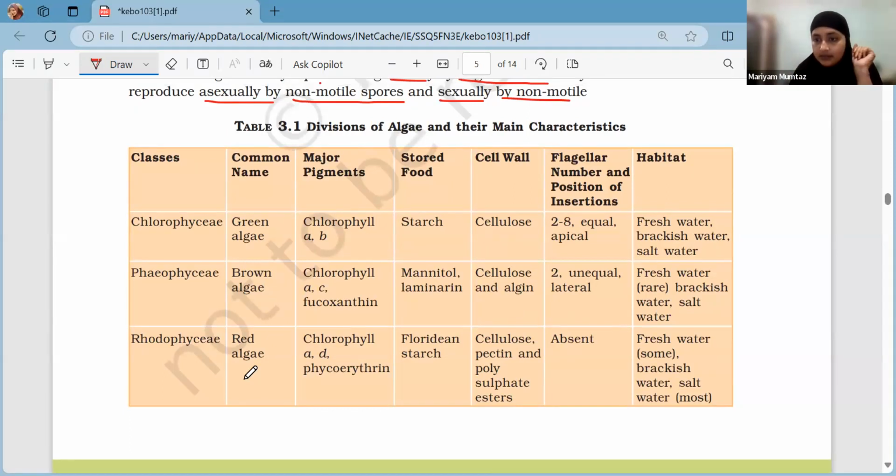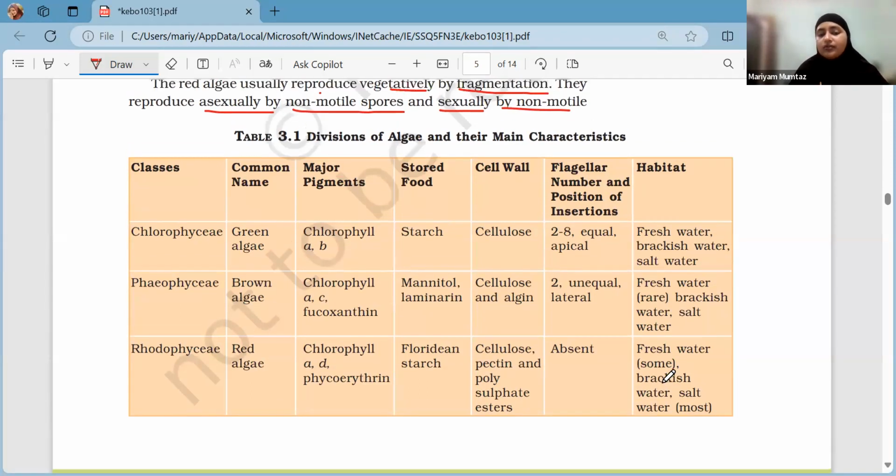What does it mean by brackish water? Which one? Brackish water in the habitat. Oh, this thing. Brackish water is the kind of water that is not too salty, nor is it fresh. It is right in the middle. Okay. You can go through the text one more time. See if you have any doubts.